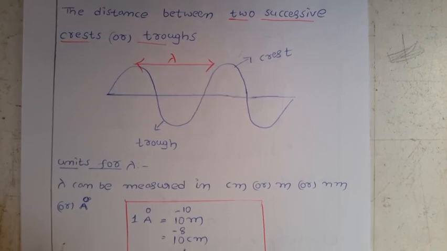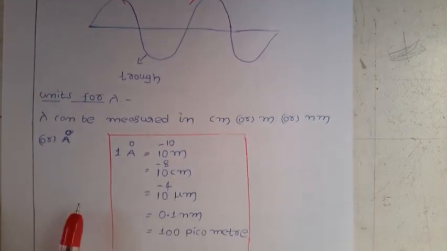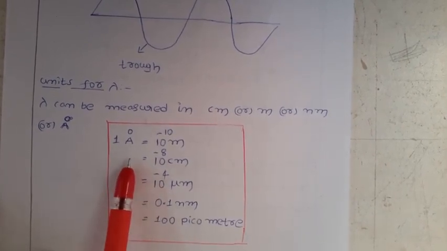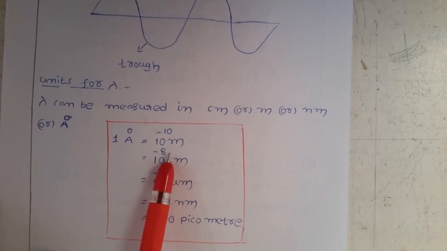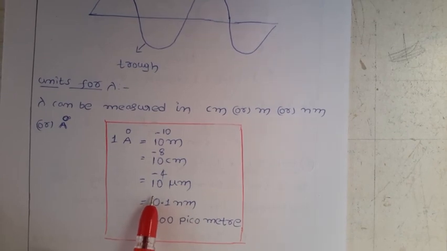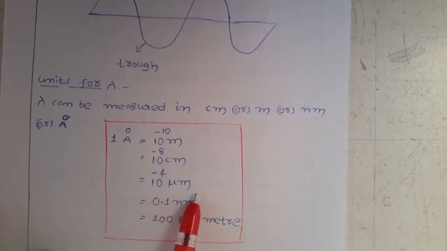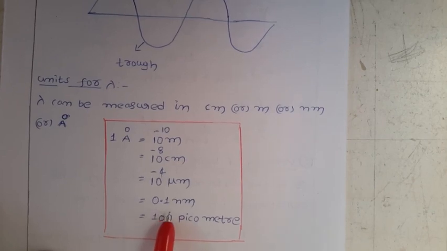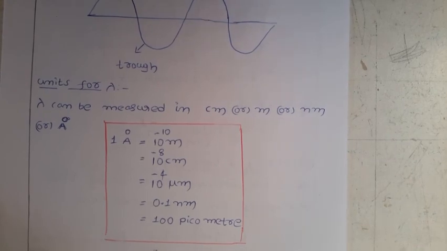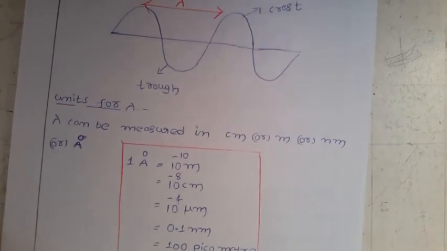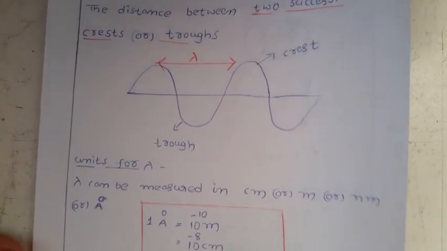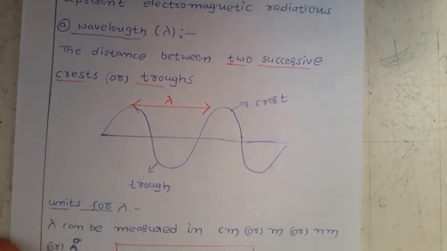Here we have some conversions, which are very useful during numerical problems. 1 angstrom equals 10 to the power of minus 10 meters, or 10 to the power of minus 8 centimeters, or 10 to the power of minus 4 micrometer, or 0.1 nanometer, or 100 picometers. Units along with conversions are very important, because in numericals we have direct questions but you have to convert the units. This is about the wavelength.